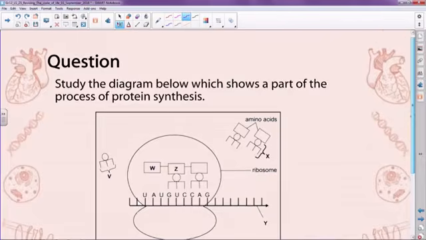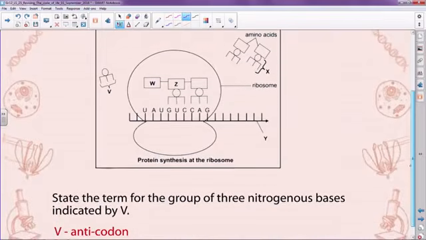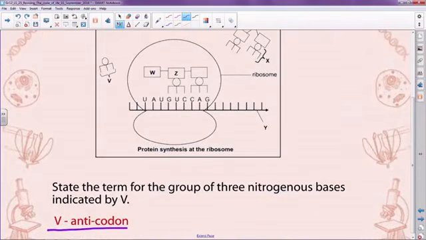Let's have a look what we've got. Now, V is very easy. What is it? It is an anticodon. Anticodon means opposite to a codon. Can you remember what mRNA and what rRNA have got? They just have codons. There they are. And then lastly, what is your DNA?